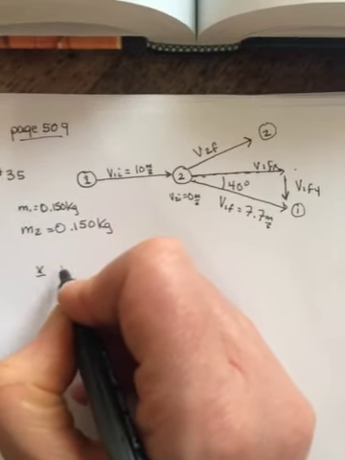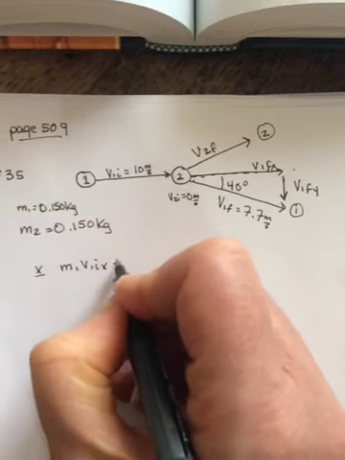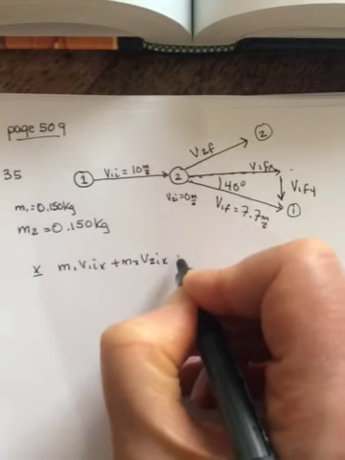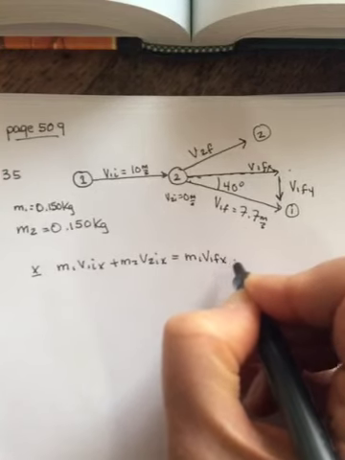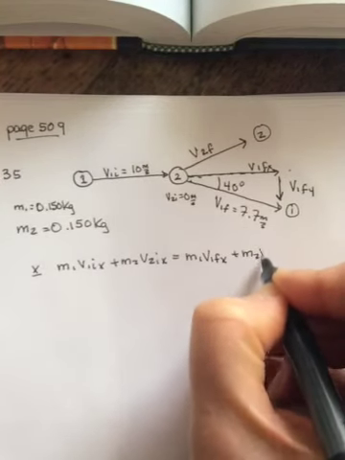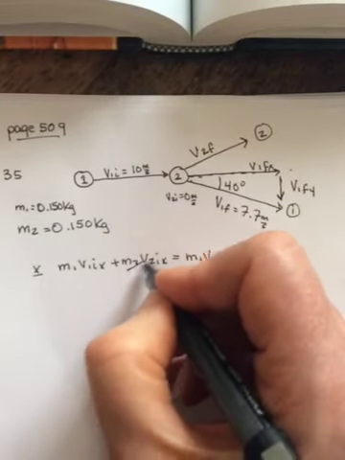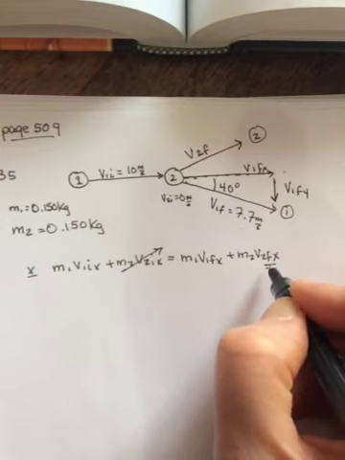So starting with the x direction, m1 v1 initial x plus m2 v2 initial x will equal m1 v1 final x plus m2 v2 final x. Initially, ball 2 isn't moving, and we're looking for v2fx.